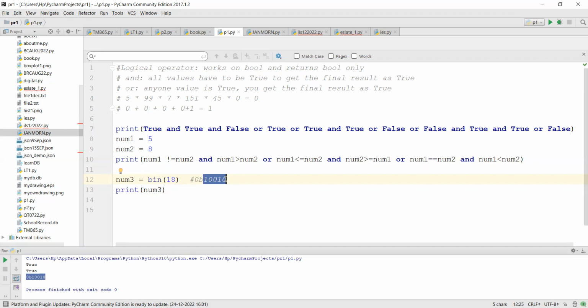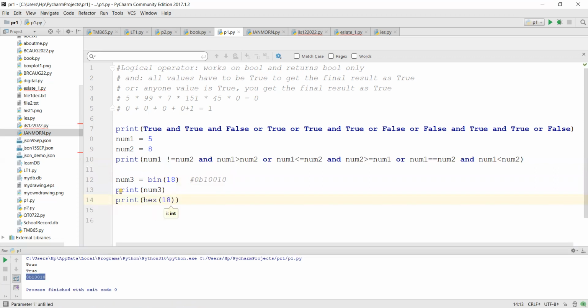If you do not see any sign or symbol in front of a number, it means it is a decimal number. And if you see 0b in front of a number, it means it's a binary number. Clear?